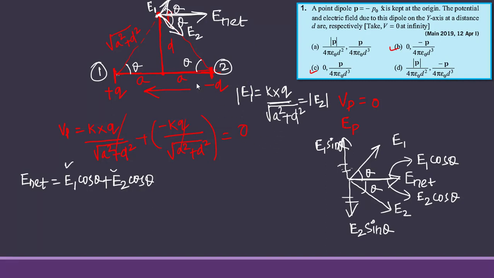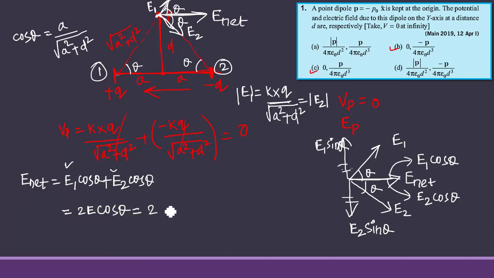From these two triangles we can calculate cos theta, which is base by hypotenuse. Base is a, hypotenuse is root over a square plus d square. Since E1 and E2 are the same, we can write E cos theta plus E cos theta, which is 2 E cos theta.